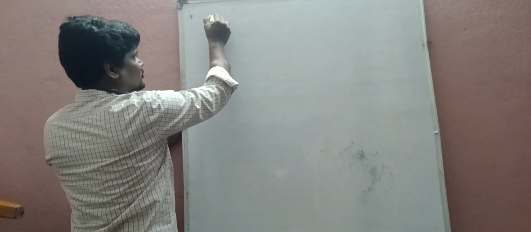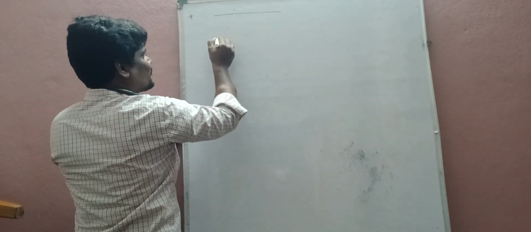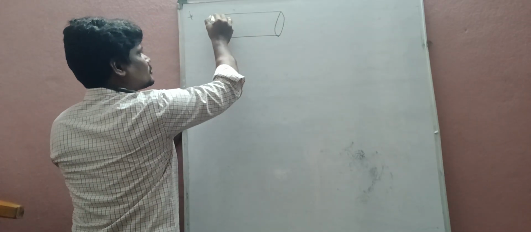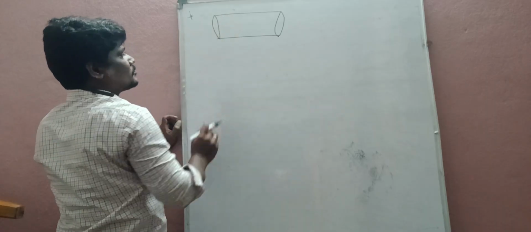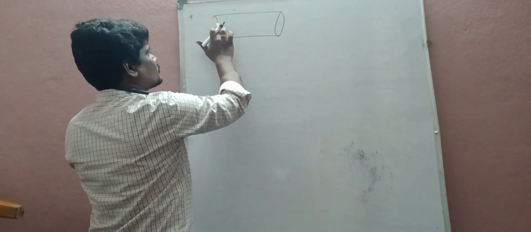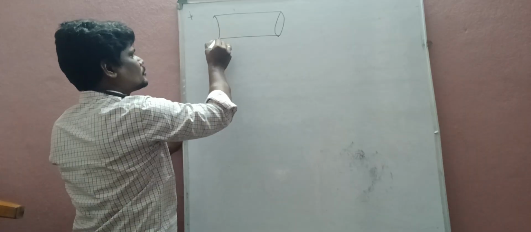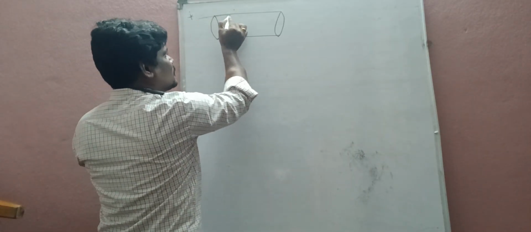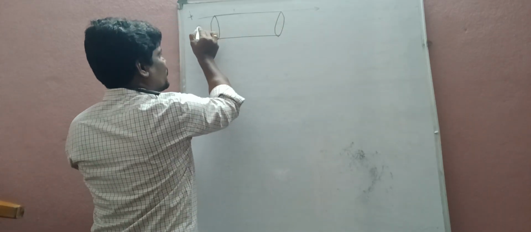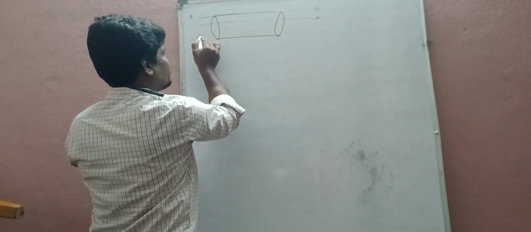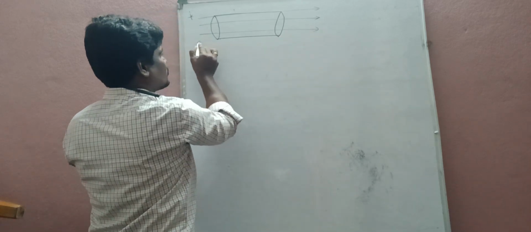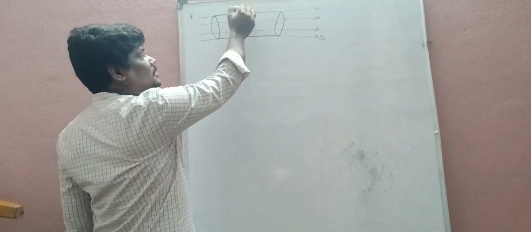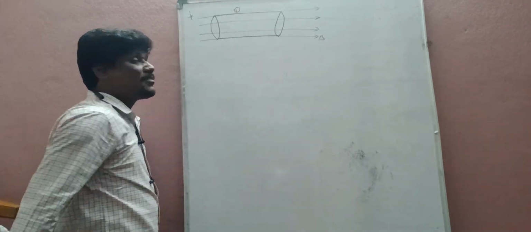Example, this is one surface, this is a cylindrical surface. This is the direction of magnetic field. Here you can imagine three surfaces or three planes of surfaces.